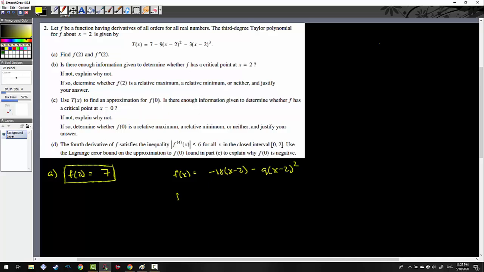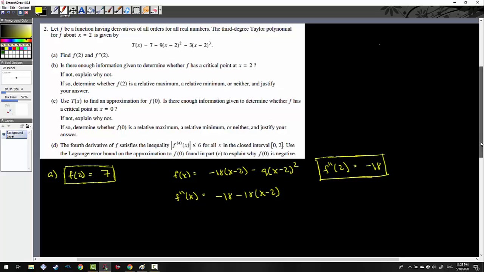That's f prime, but remember, I'm trying to find f double prime. So that's going to be negative 18 minus 18 times x minus 2. That's my second derivative anywhere, but in this case, I'm going to take my second derivative at 2, making, once again, the x pieces go away, giving me simply negative 18. So pretty straightforward in part A right there.